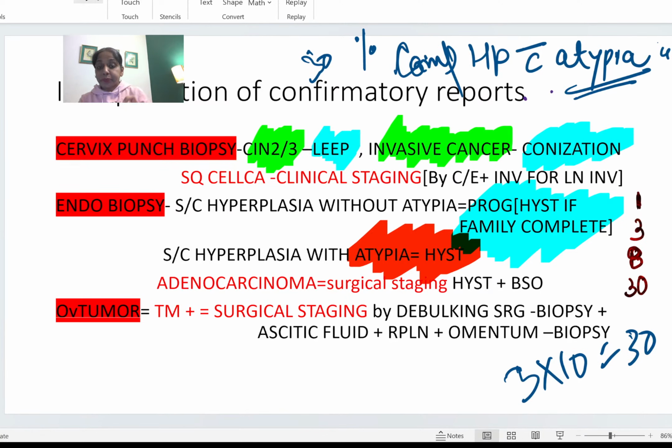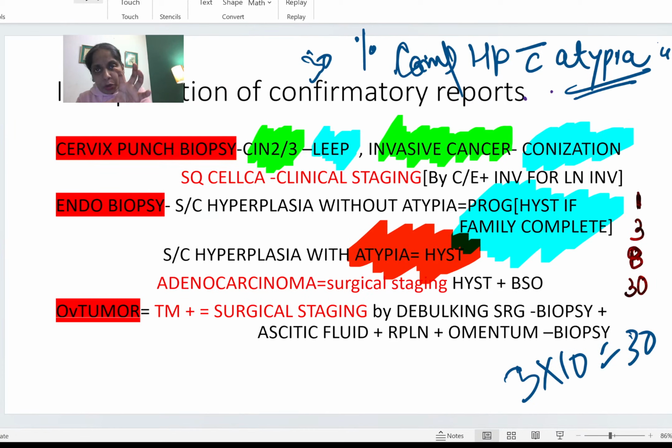The surgery for the ovarian tumor is debulking surgery. Debulking means wherever you are seeing the tumor, wherever you are seeing the ulcerative growth, take out that growth and send it for biopsy.